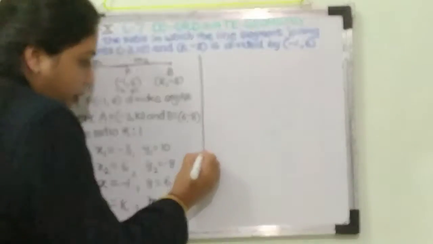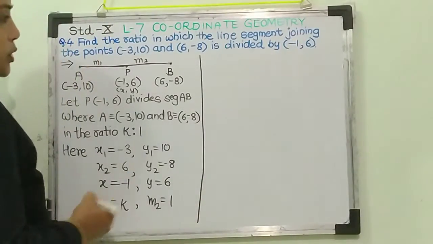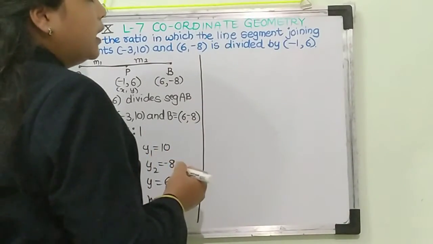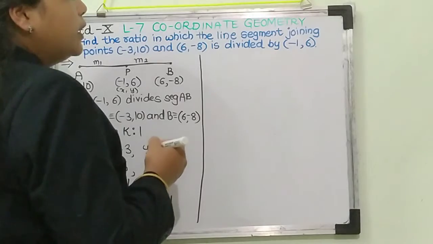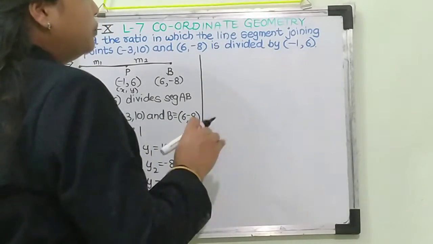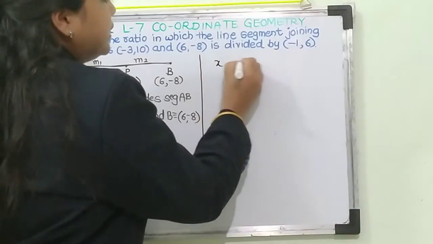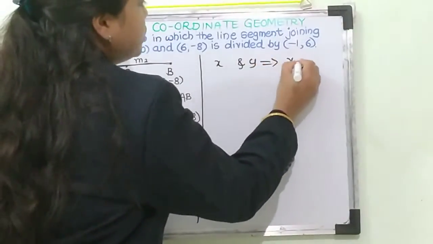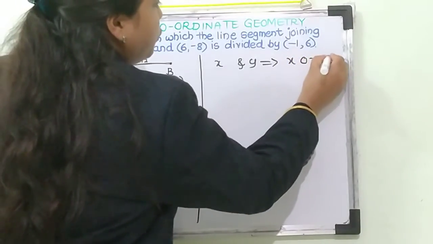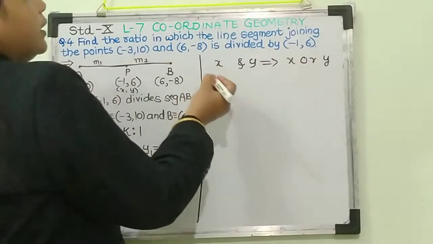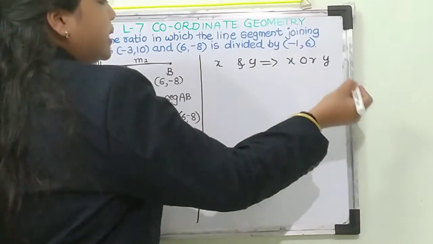Now for finding the ratio, you can choose the section formula for x coordinate or y coordinate. It is not compulsory to use both x and y coordinates. Here we have a choice, we can choose x or y. Remember, no need to write here x as well as y.